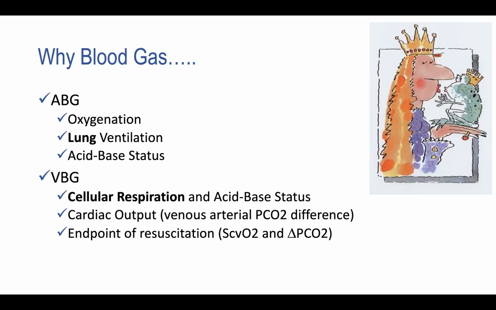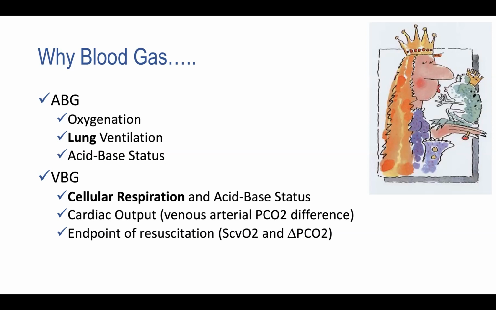But also the VBG tells us about the adequacy of cardiac output as we reflect the oxygen in the venous compartment compared to the arterial compartment, and also as we compare venous CO2 to arterial CO2. And quite honestly, this really is an excellent endpoint for resuscitation.